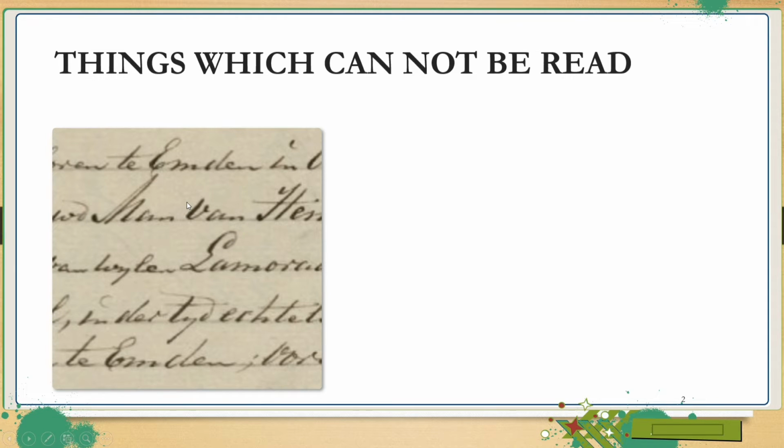Or sometimes because the paper is crushed, then too we cannot read the things written on it. So when there are things that cannot be read, then we say that they are illegible. So, simply speaking, things which cannot be read are illegible.